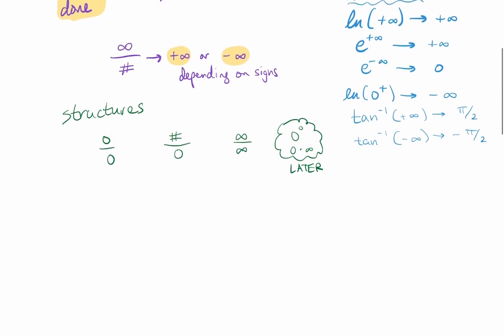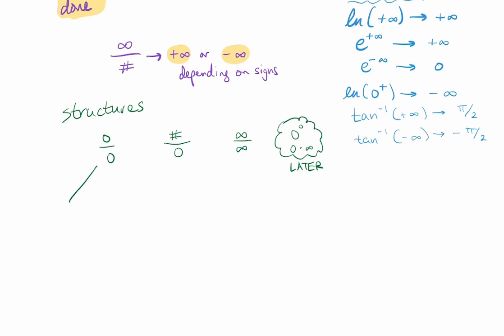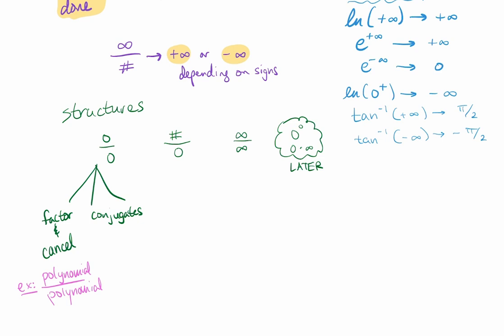If you see a 0 over 0 structure, there are 3 techniques in most cases. There's the factor and cancel technique, which is useful when you have a polynomial divided by a polynomial. That's the most common example. Another technique is the conjugates, and this typically involves square roots and other radicals. Not every radical needs a conjugate, but the most common examples that involve conjugates are the radicals.